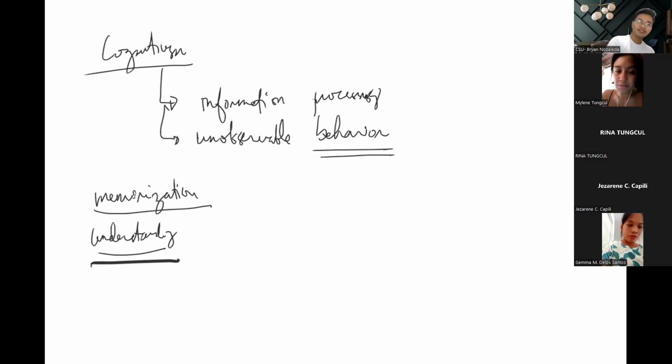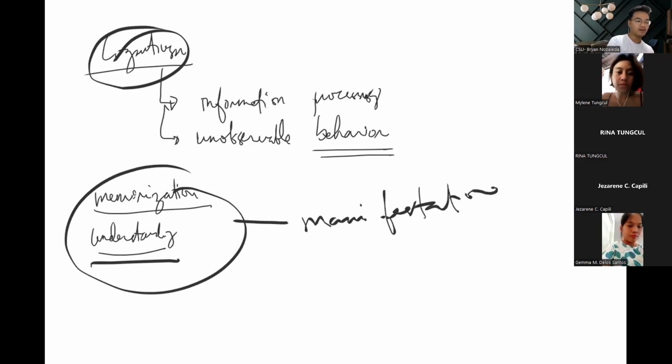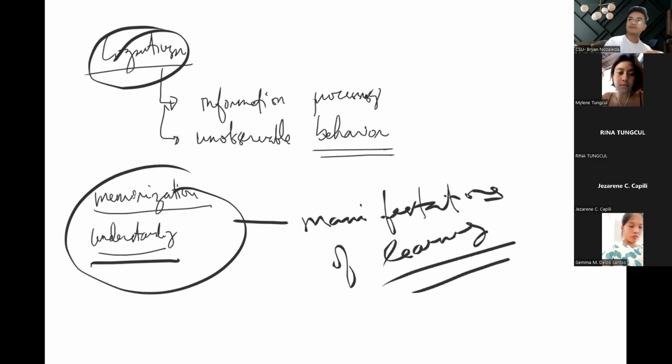These are processes that are happening inside our minds, inside our brain. There are brain functions happening here when we do these things. And this, according to cognitivism, are manifestations of learning.